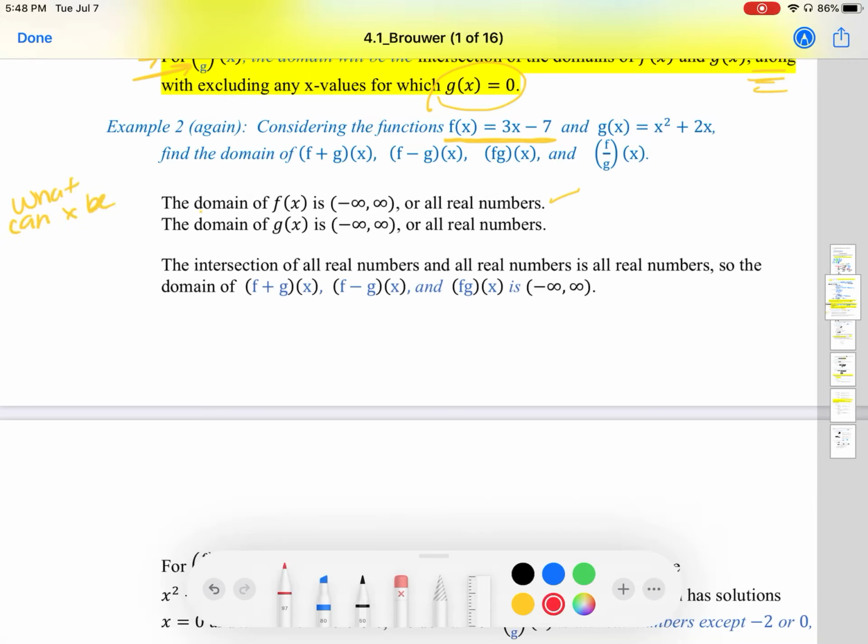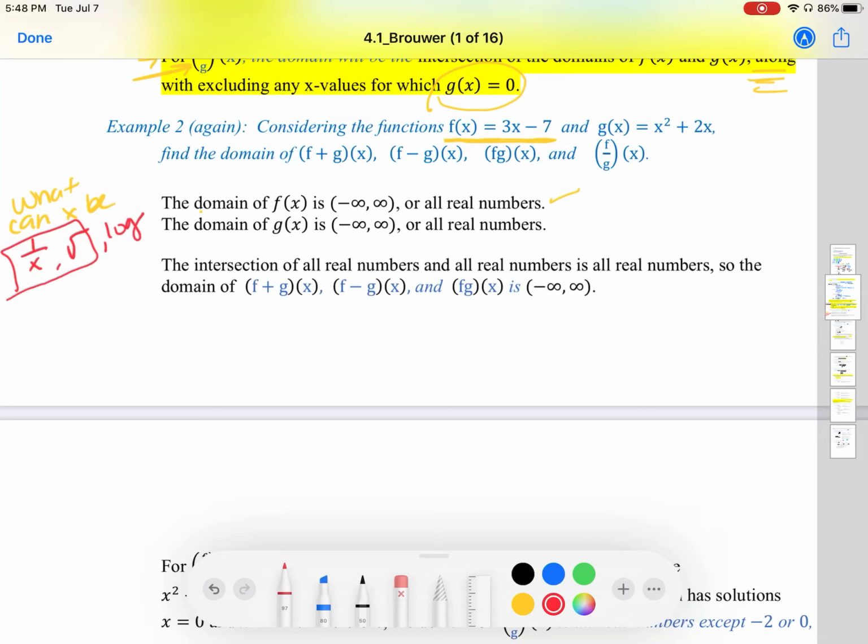And usually our only restriction values are when I have a denominator, when I have a square root, and in the future we'll talk about other values like logarithms. But for the most part, division values and square roots are our biggest problem.